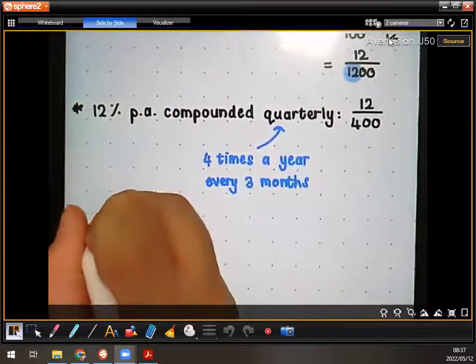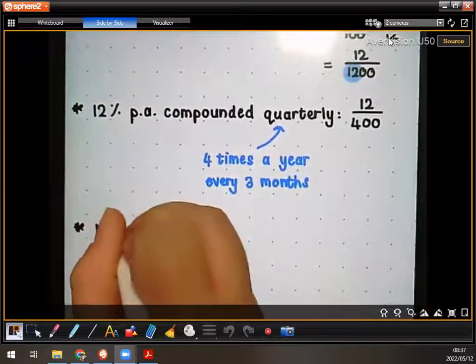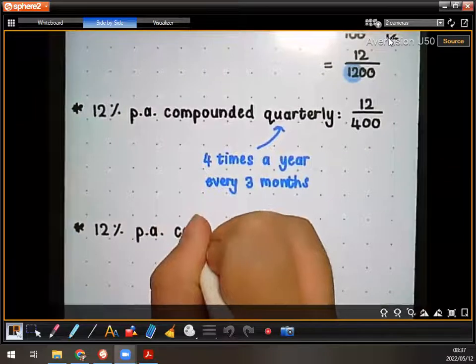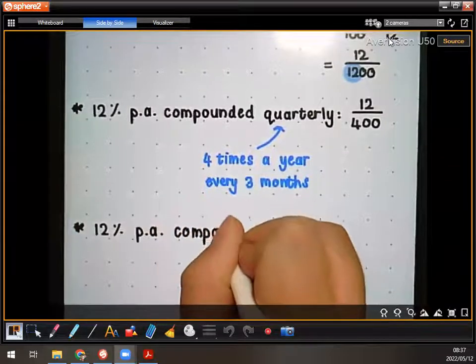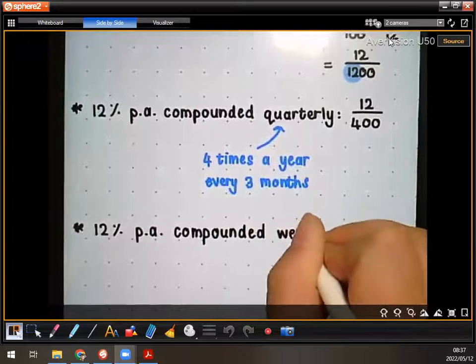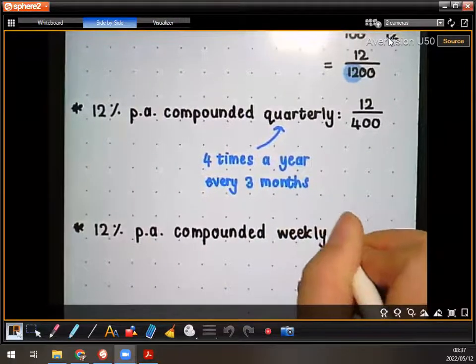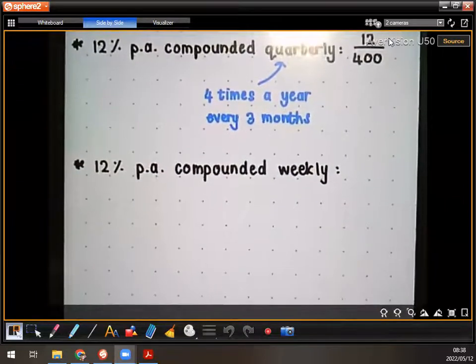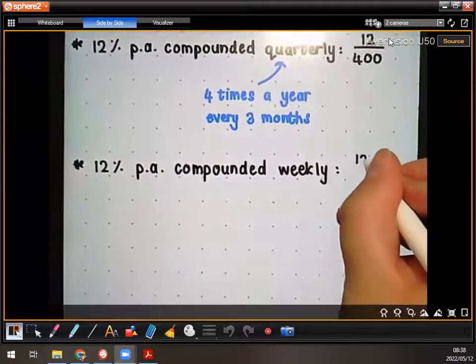We're going to do a few more examples because they can give you different ones as well. They can also ask you 12% per annum compounded weekly. This is not very common, but sometimes it comes up in a question, obviously just to test whether you know what's going on. So 12% per annum compounded weekly. You're going to put the 12 at the top.